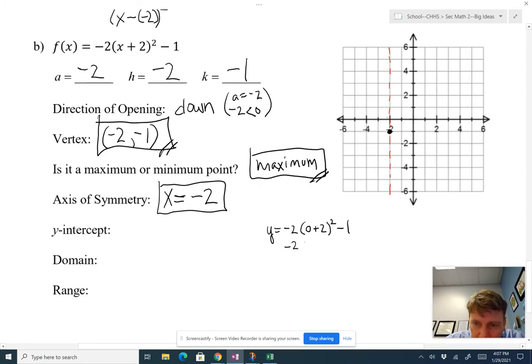That's -2. 0 plus 2 is 2 squared minus 1. 2 squared is 4, times -2, with the -1 on the end. -2 times 4 would be -8, and I've got -8 minus 1, which is -9. So our y-intercept is at 0, comma, -9.